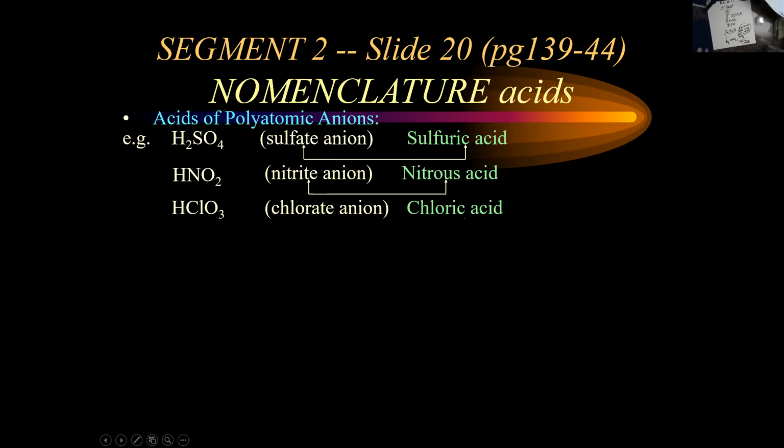See the difference? You recognize HCl as a binary acid and name it with the hydro. You recognize this polyatomic anion as an acid of a polyatomic anion. You don't use hydro in its name. Instead, you just take the anion name that you've memorized, strike out the ATE, and put IC in its place.